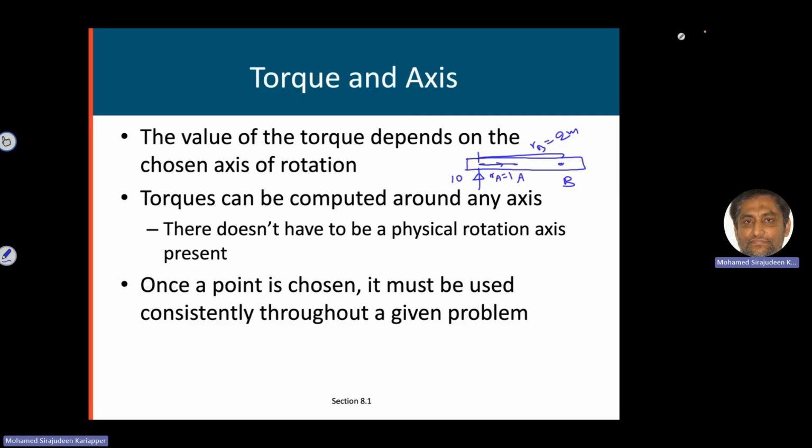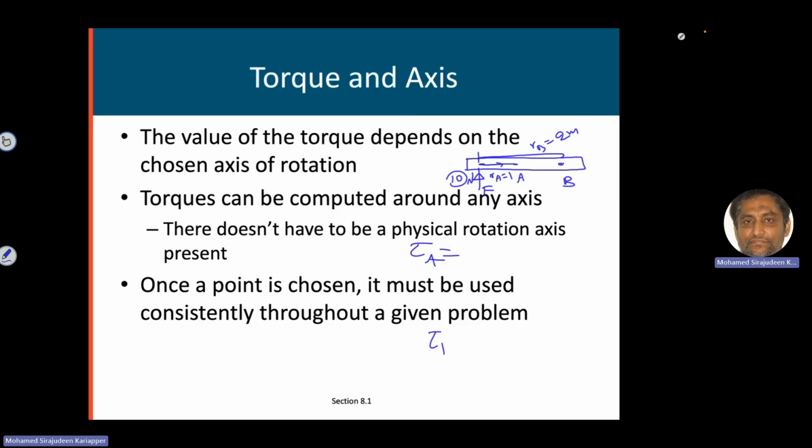Now if someone asks you what is the torque, just like that, do you have an answer to that question? Really not. Because you have to tell me, okay, you ask me for the torque, talk about the point A or talk about the point B. For this particular force, 10 Newton, let's say F, find the torque about the point A, that will be one answer.